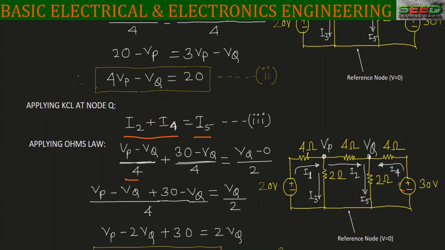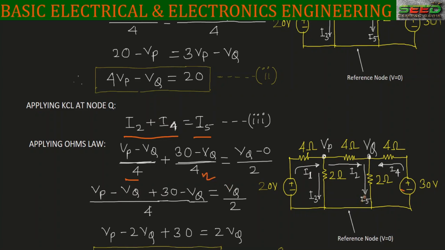So obviously Vq will be lesser as compared to 30 volt. That's why current is flowing from 30 to Vq. This is the concept for writing the equation. So this is also okay.